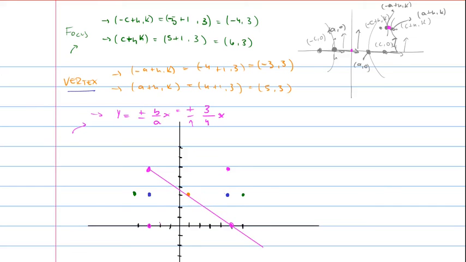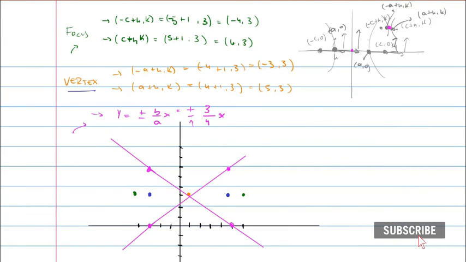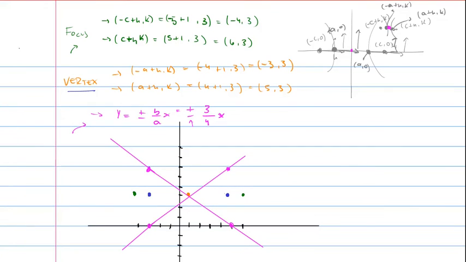This is all very approximate, so the lines might not be 100% correct. But with all this, we can draw our hyperbola. We're gonna start from the vertex and move in an asymptotic way through our asymptotes. And then this is the final hyperbola we were given.